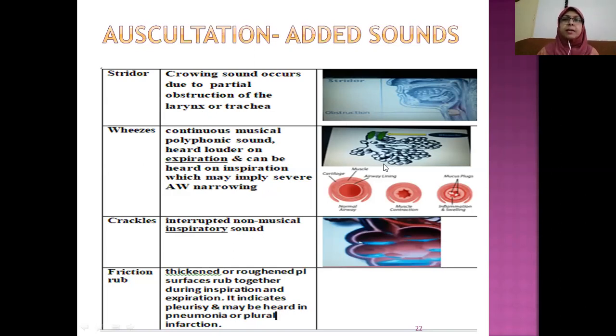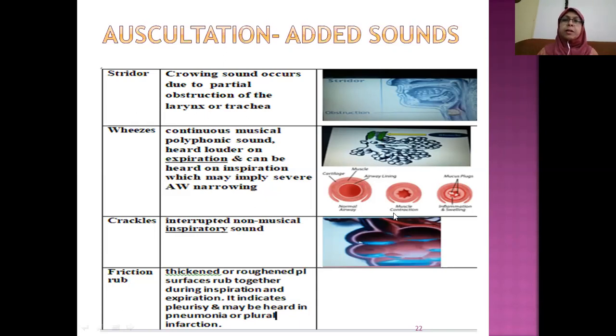And rhonchi occur when there is partial obstruction at the level of the bronchioles, for example in bronchiolitis, due to excessive mucus accumulation within the bronchioles.